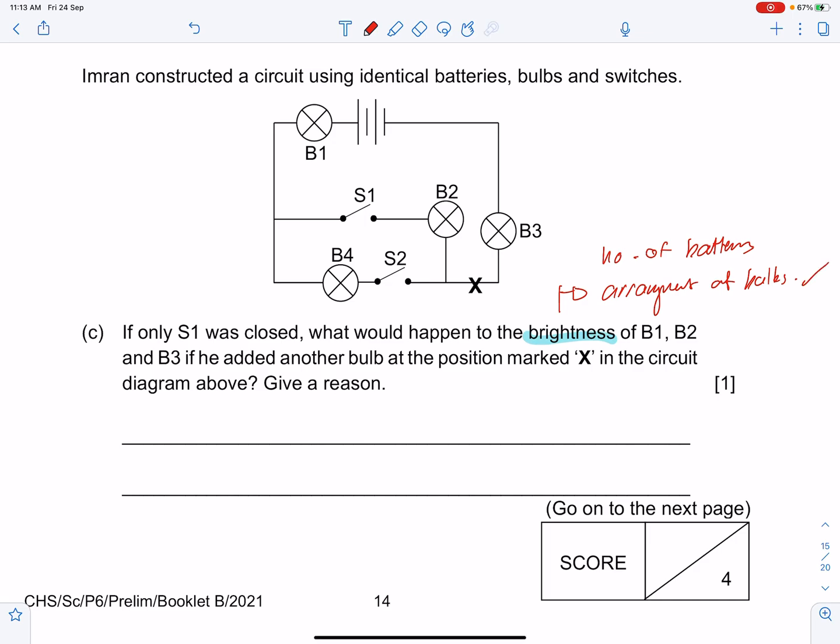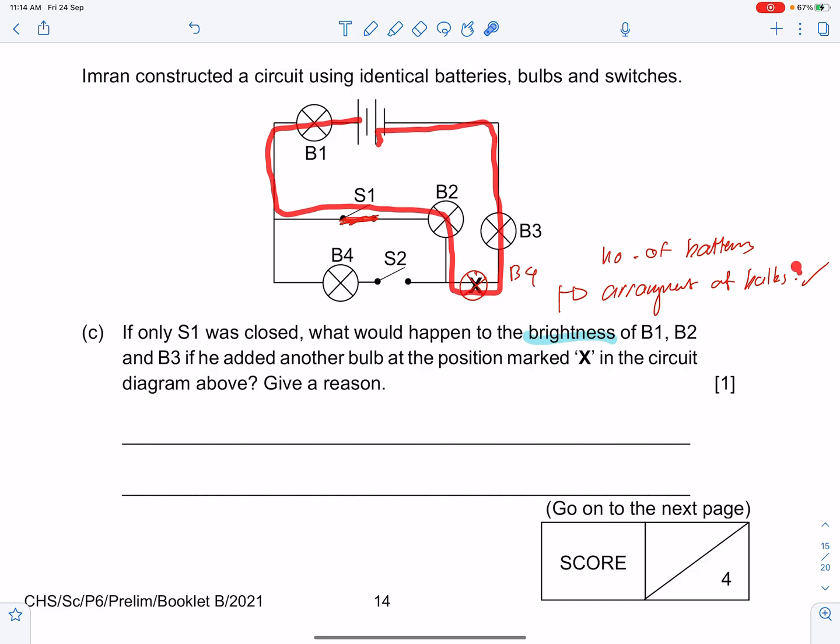So, give a reason. X is here. What would happen to brightness of B1, B2, and B3? If you put another bulb here and you close S1 only, trace, you will notice that this is actually a series.